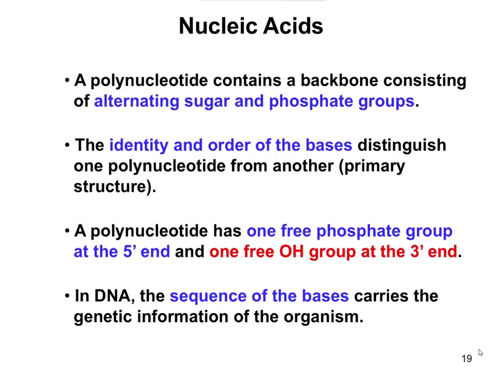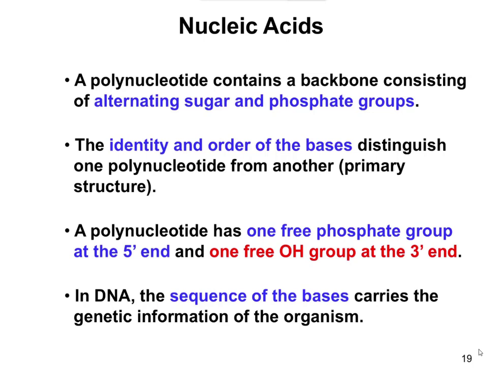And then the bases are what really distinguishes one nucleic acid from another. The order of those bases is what's different, and those bases protrude away from this backbone of sugars and phosphates.